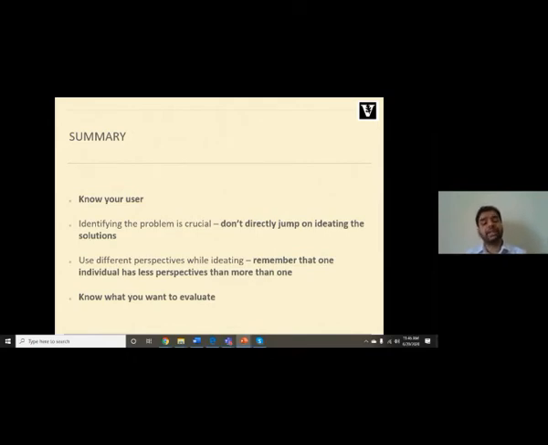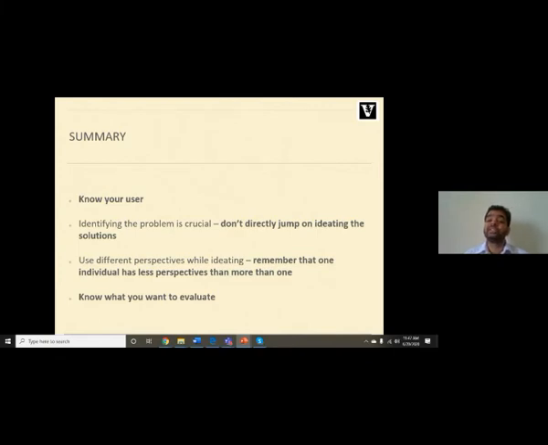The third takeaway is that we have to train our mind to acquire different perspectives, to deliberately put ourselves in different conditions and different constraints, that can give us diversity in our own thought processes, right? And the fourth takeaway is that we should know what we are evaluating in a product.